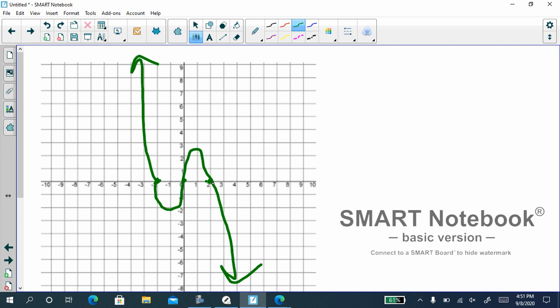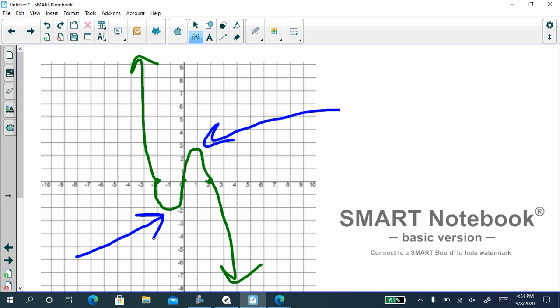We're not going to worry about right now how high that goes or how low that goes, because without plugging in quite a few extra points, we're not going to have a good feel for how high the peaks or how low the troughs are. That's more of a calculus exercise. We just want to know what happens at each of these. Do they touch or cross? And then what happens on the edges?